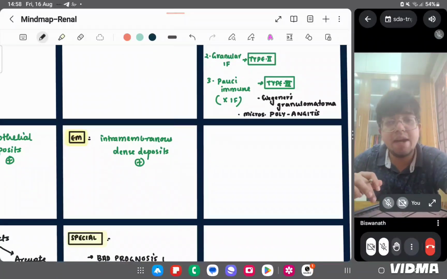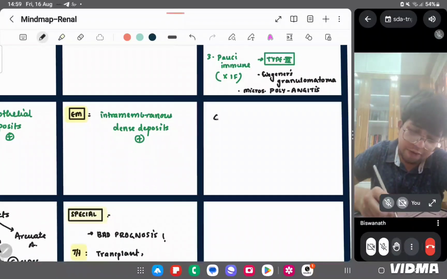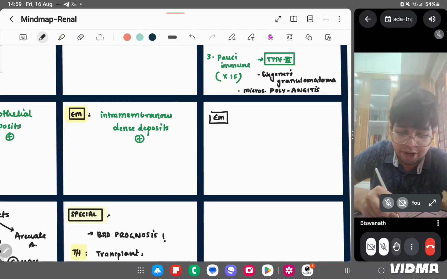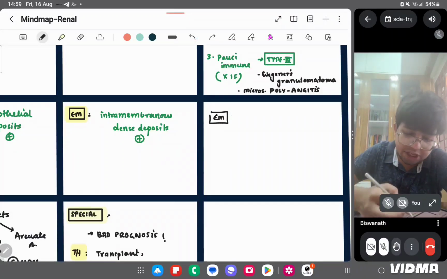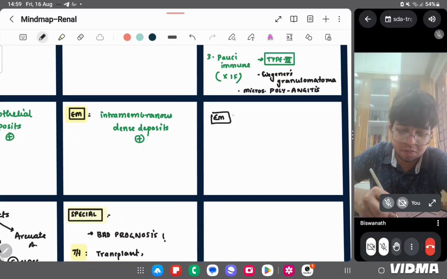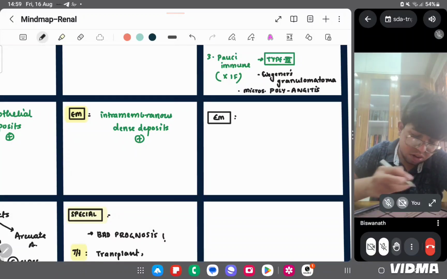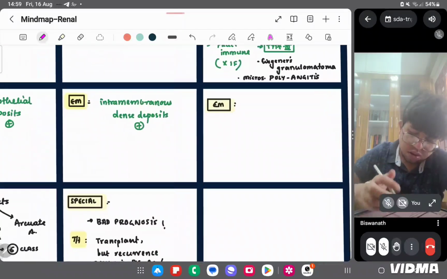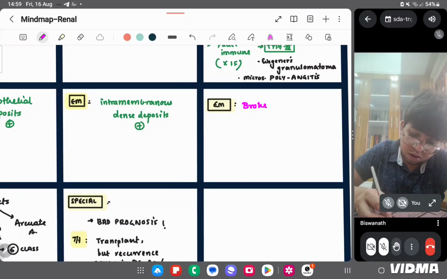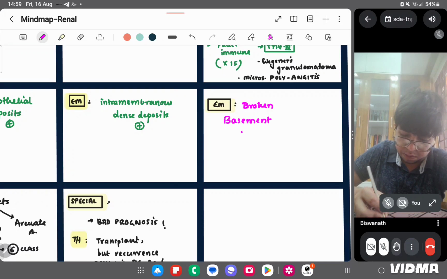And the electron microscopy will reveal a broken basement membrane only. That is the feature. Broken basement membrane.